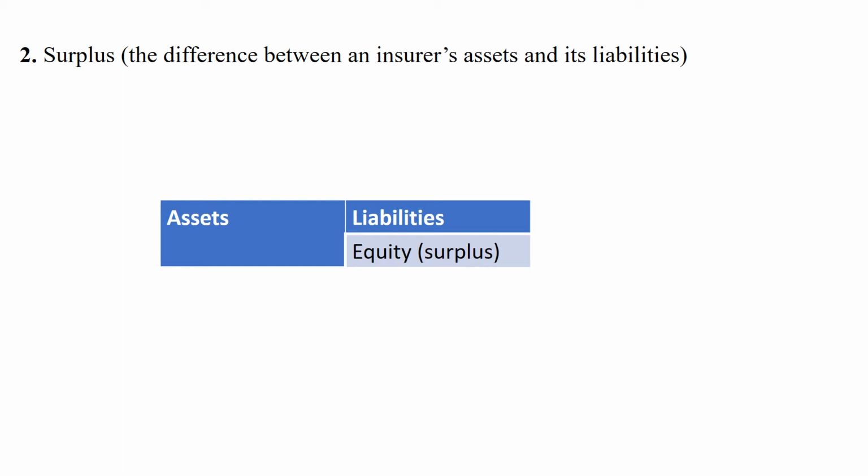Actually, more than that, after this insurance company is licensed and starts to do business, it always needs to meet the minimum capital and surplus requirements. In other words, this insurance company needs to hold enough capital when it does business.